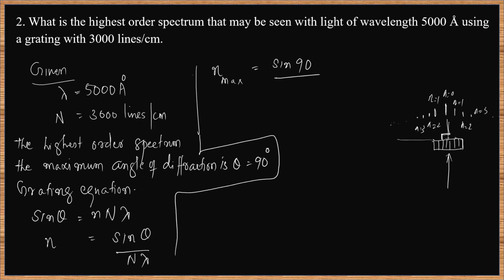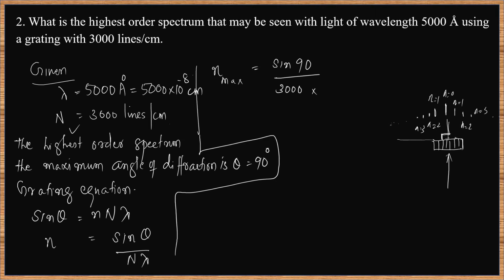What is n? 3000 lines per centimeter. Lambda is 5000 angstrom, that is 5000 into 10 raised to minus 8 centimeter, because n is in centimeter, so you can write lambda in centimeter.